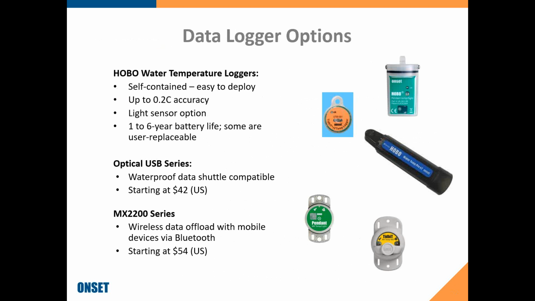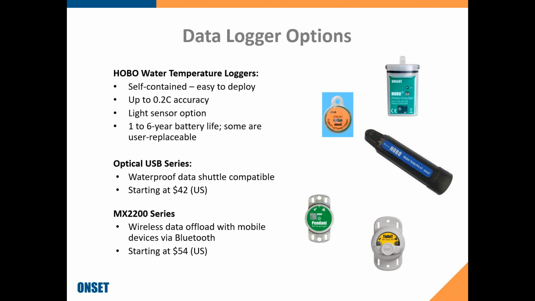I'll talk a little bit more about ways that might be handy later on. The battery life of the loggers can vary between 1 and 6 years. For the loggers like the pendant in the upper right, that has a 1-year battery life, but it's a user replaceable battery. So you can easily replace the battery with a coin cell battery.